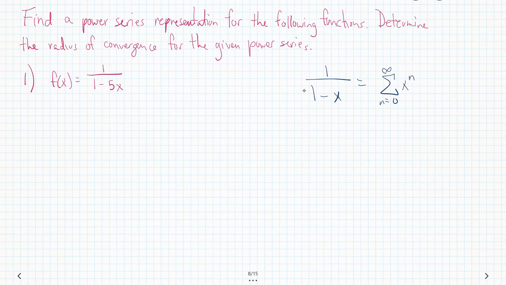So if we have that fact, that 1 over 1 minus x equals that summation, we're going to be in good shape. Okay, so how does that work here? Oh, and I should say this holds where the absolute value of x is less than 1. That's what we had for the geometric series.